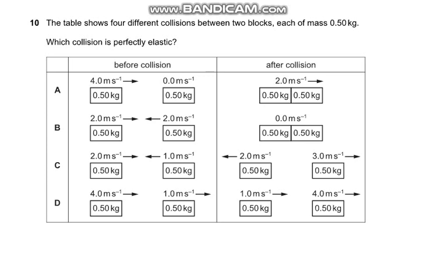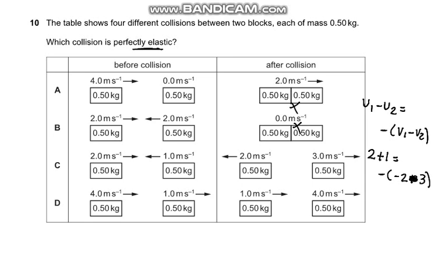Question number 10 says, which shows a perfectly elastic collision? Parts A and B are sticking together, so that's not elastic. In part C, let's apply the formula u1 minus u2 equals minus (v1 minus v2). Over here, for C, this becomes 2 minus 1 equals minus (2 minus negative 3).